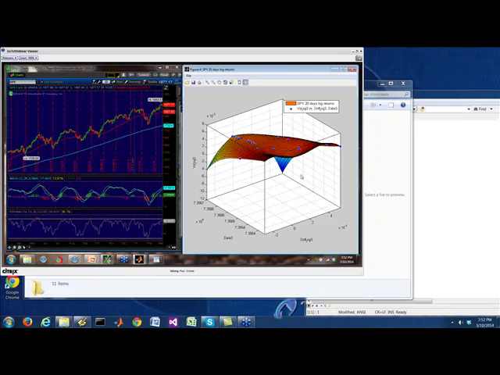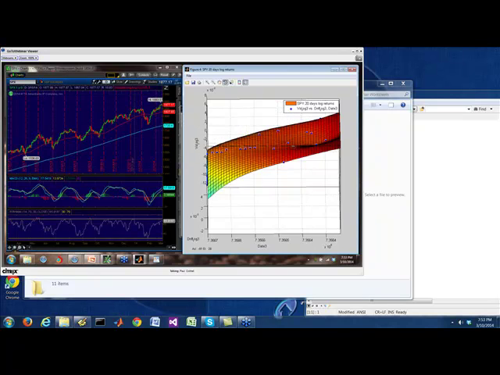Some are dedicated to the surfaces, the PDFs and CDFs, while other screens are dedicated to the normal price charts. So I can see all this at the same time, but I can't demonstrate that on this webinar.